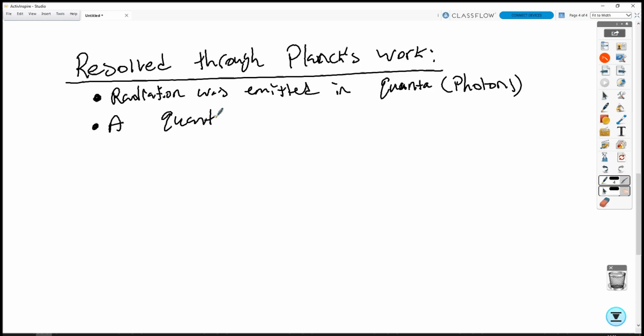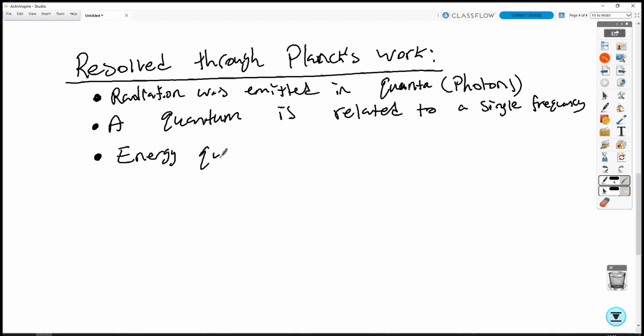So a quantum is related to a single frequency. And that energy quantum is hf. So for higher frequencies of radiation, they have to be emitted in higher energy packets.